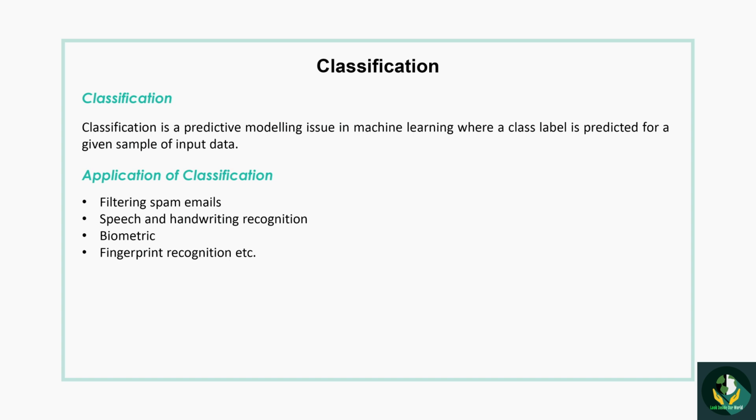So, with the help of classification, the system will identify the class of fingerprint that a specific person belongs to. The algorithms for classification are neural network, regression, and k-nearest neighbor.